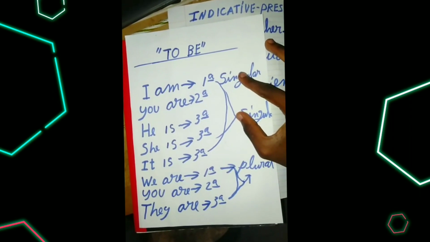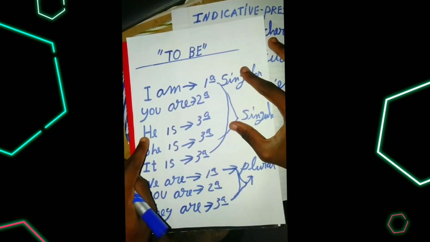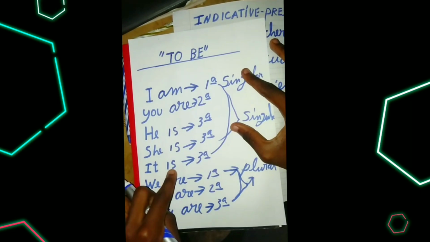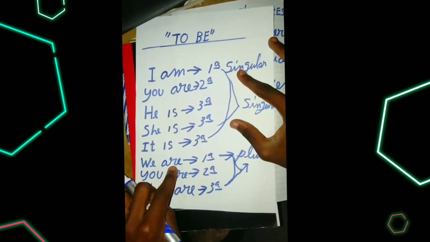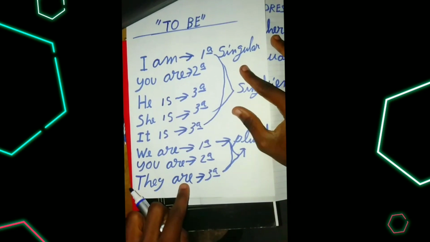We need to pronounce very well. Okay, I am, you are, he is, she is, it is, we are, you are, and they are.